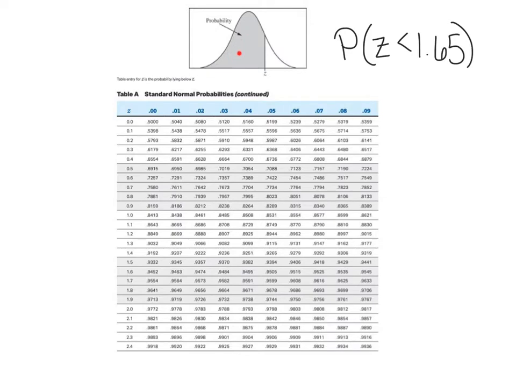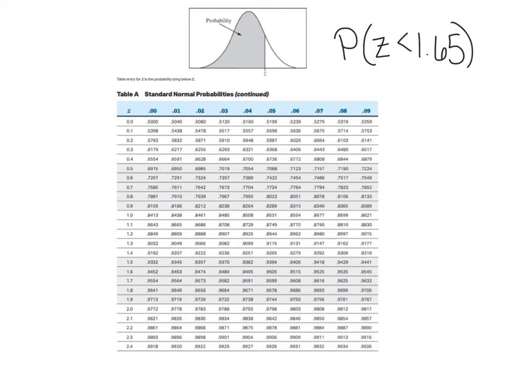Along the left side, this column is your z-score, how many standard deviations from the mean. We're above the mean, so I'm looking at the positive values. Here's 1.6, and I want 1.65, so across the top it goes to the 100th place.